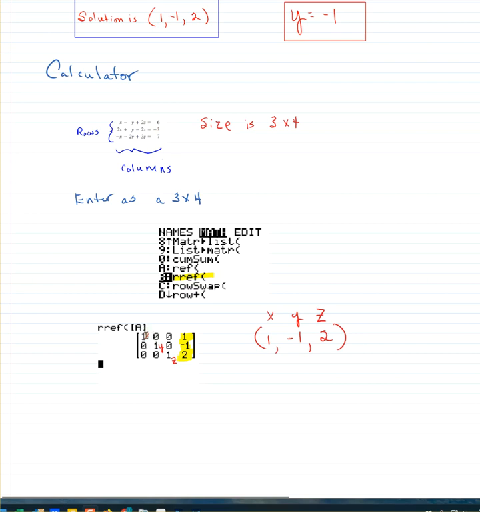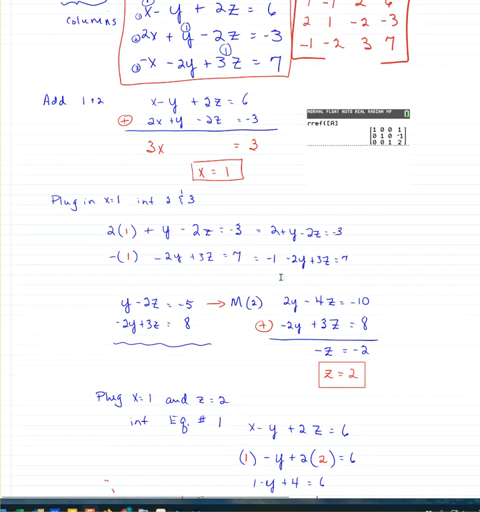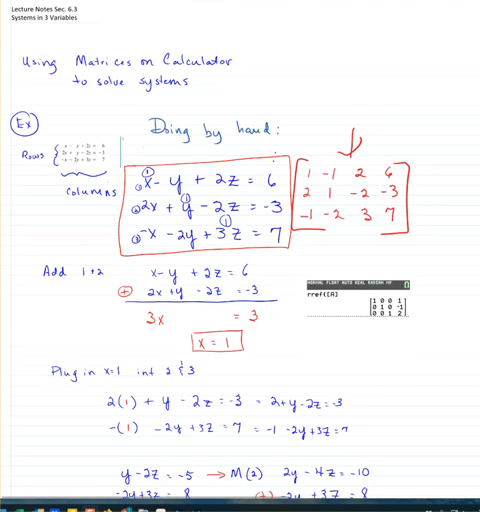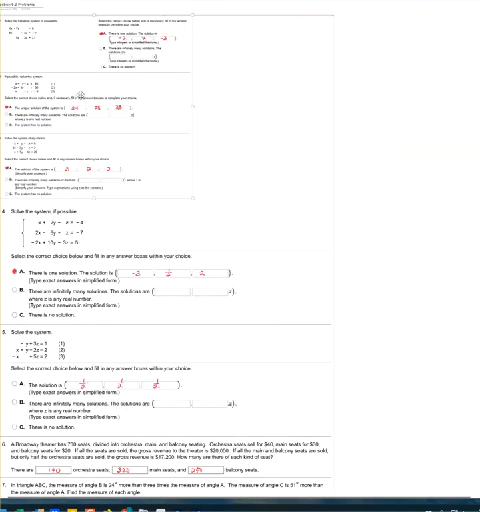When you do, you get this block right here where it's a diagonal of 1s and 0s everywhere else, and then this last column is your solutions. So X is 1, Y is -1, Z is 2. So it's really a wonderful way to solve that system. So let's go practice that on our problems.